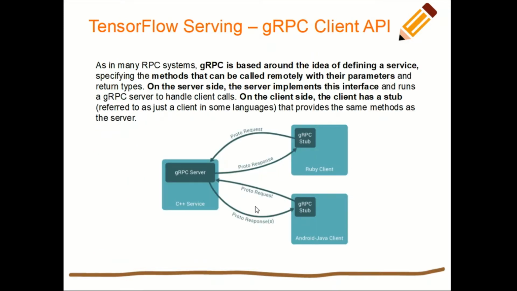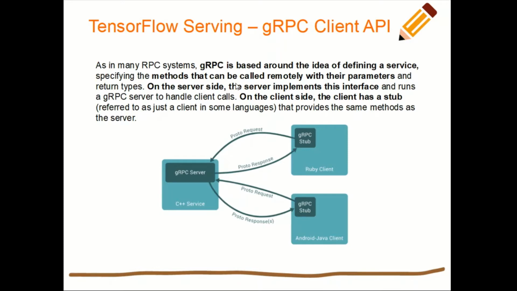now once our model is deployed, there are two options for us to send the prediction request to the deployed model. One of the options is to use the gRPC API. Now the gRPC API is like a client server API, and there's a concept of an interface.